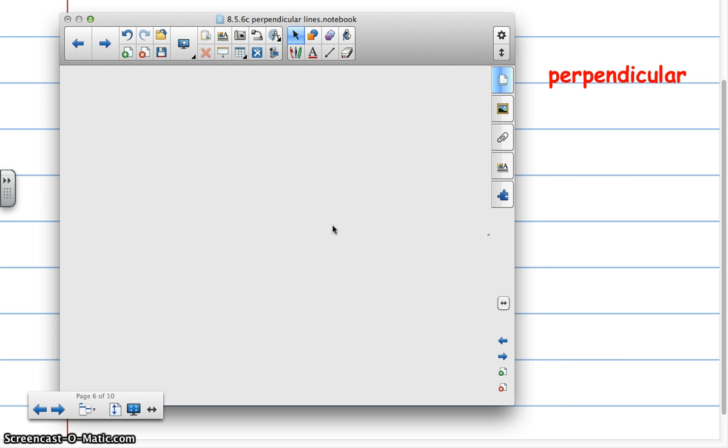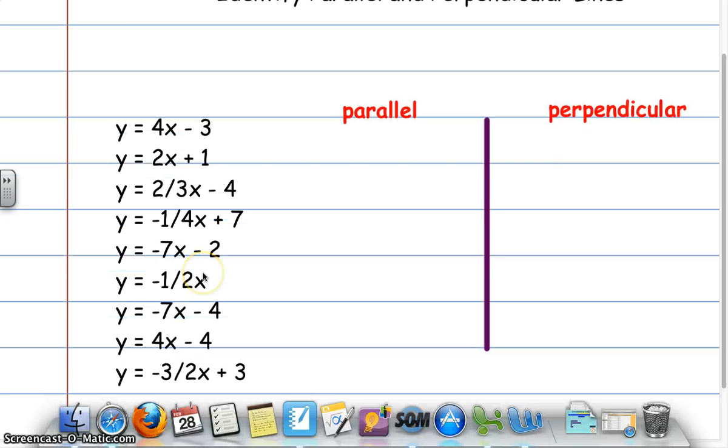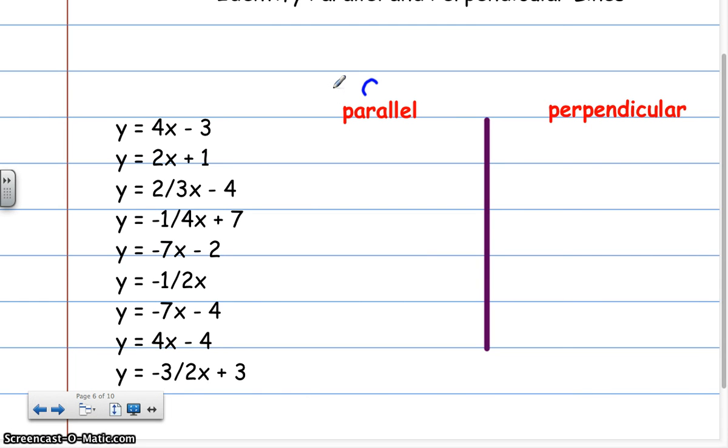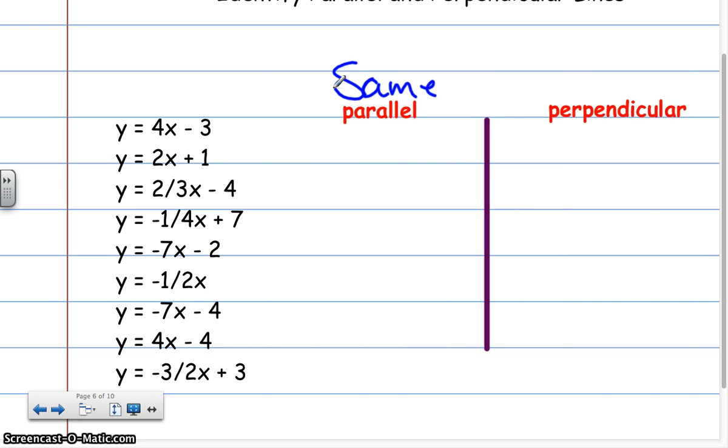Okay, we want to look at this list of numbers and identify what's parallel and perpendicular. So we are comparing all their slopes. So we're trying to find slopes that are the same for parallel, and we're trying to find slopes that are negative the reciprocal for perpendicular.